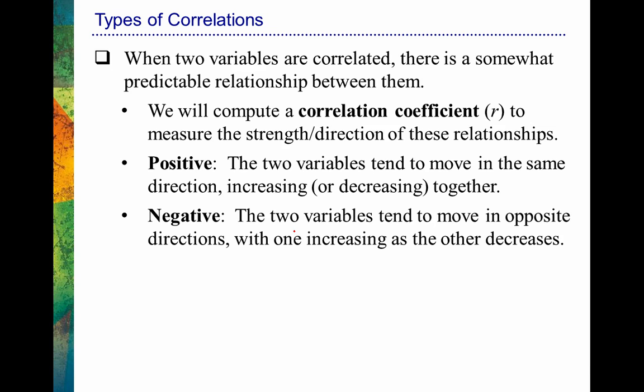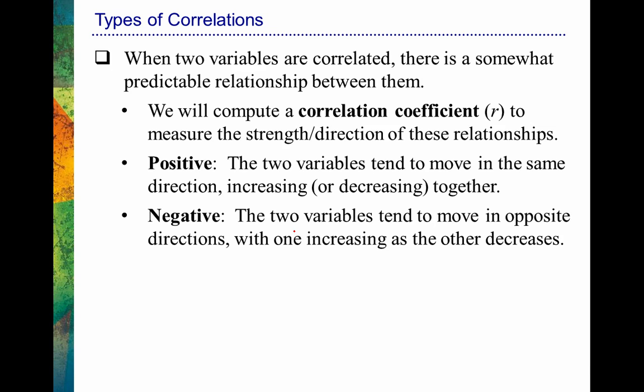So here would be an example of two variables that are likely to have a negative correlation: a person's GPA, grade point average, and the amount of time that they spend partying. So let's look at that and see how that works. As the amount of time that a person spends partying increases, their GPA tends to decrease. You see how those two variables are working antagonistically.